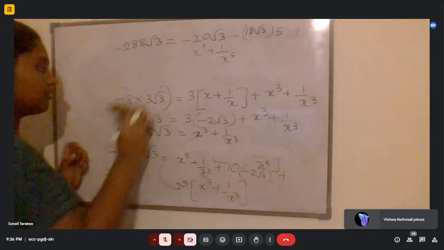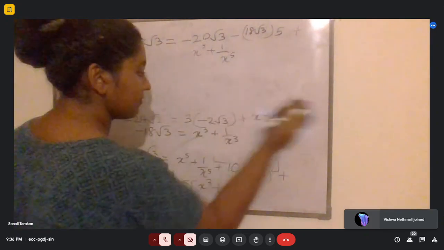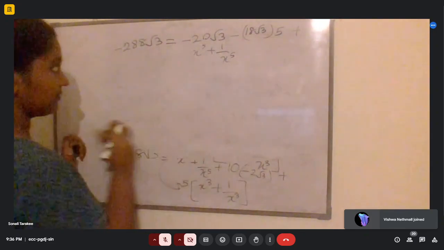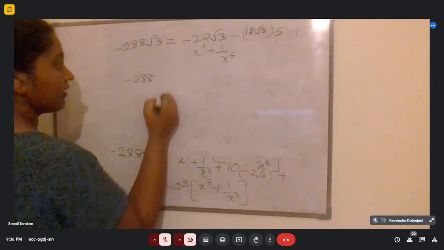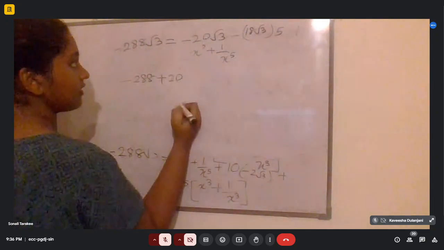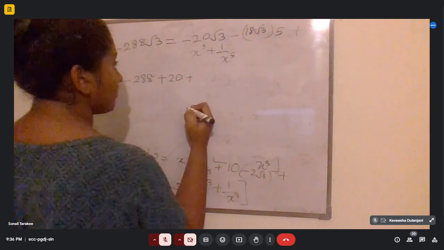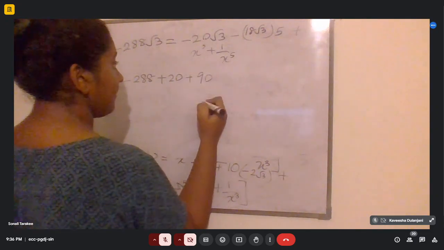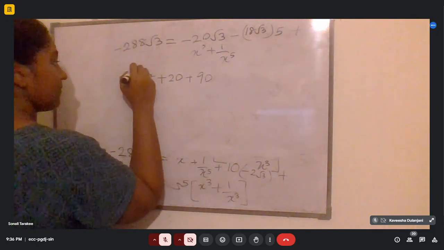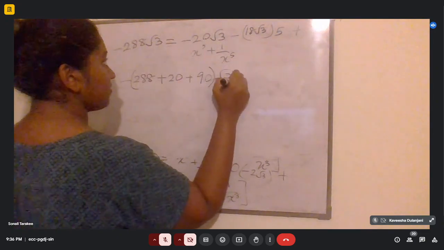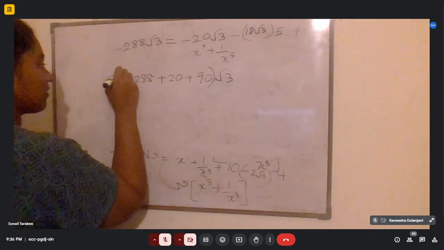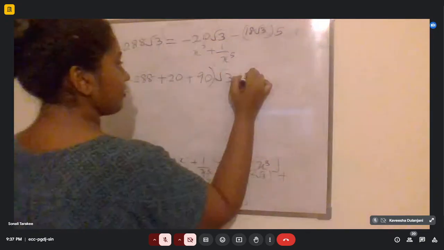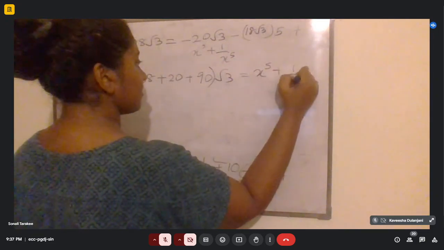Okay, now once you simplify this one, you get minus 288 plus 20 plus 90 root 3 equals x to the power 5 plus 1 over x to the power 5.